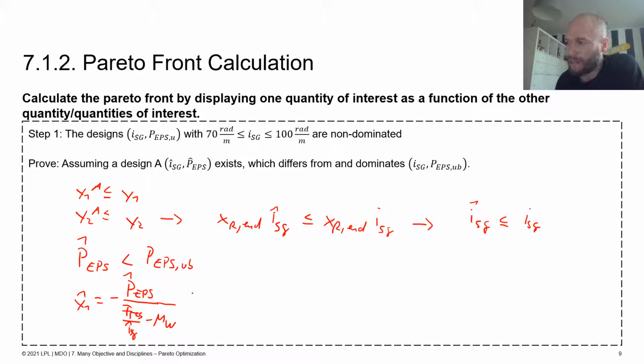So this is then bigger than the first quantity of interest of the Pareto front.